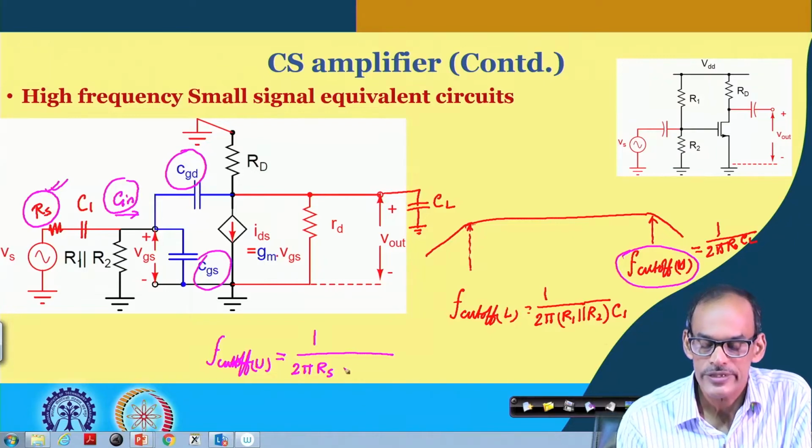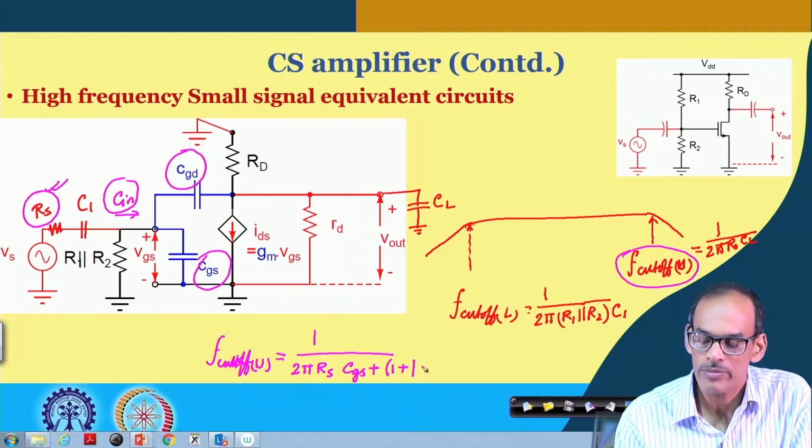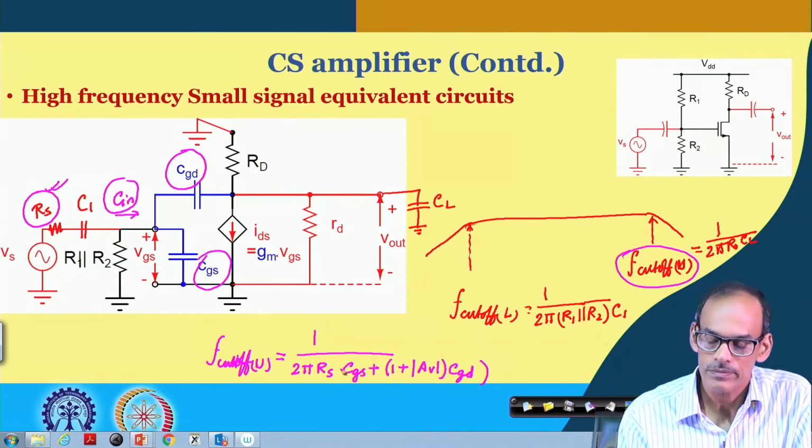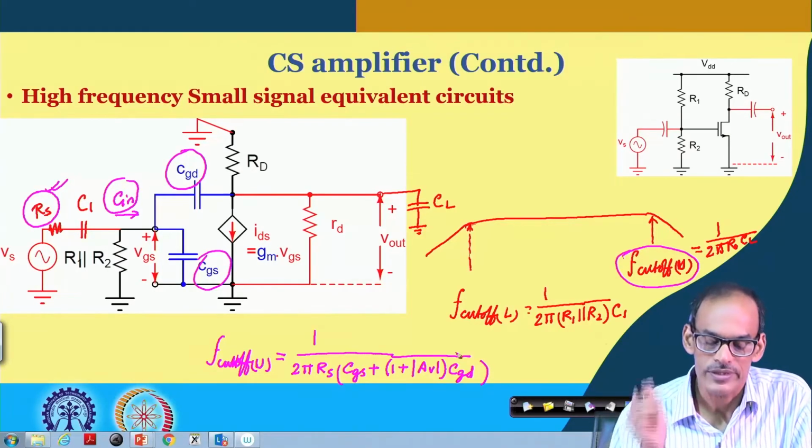So, R S multiplied by CGS plus the Miller affected part of CGD, namely 1 plus magnitude of AV into CGD. So, that is the input capacitance.